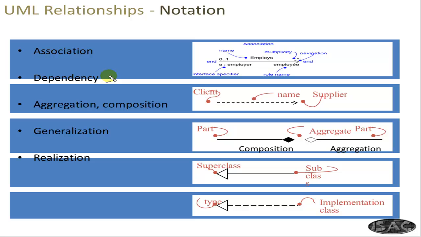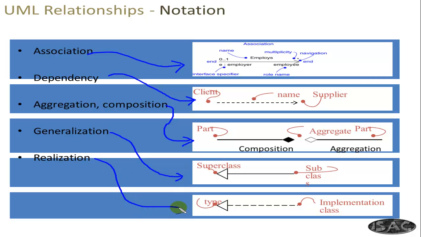This is for dependency, this is for composition, and this is for aggregation. This is for generalization and this is for realization. So these are the various notations we use.